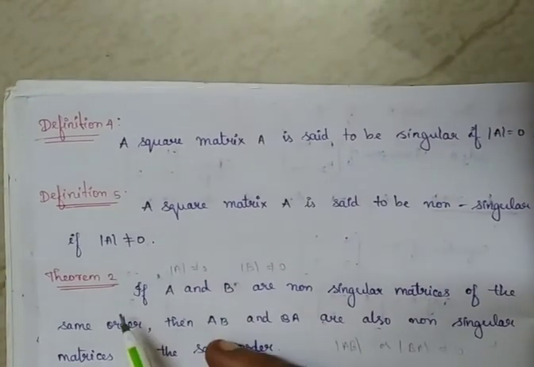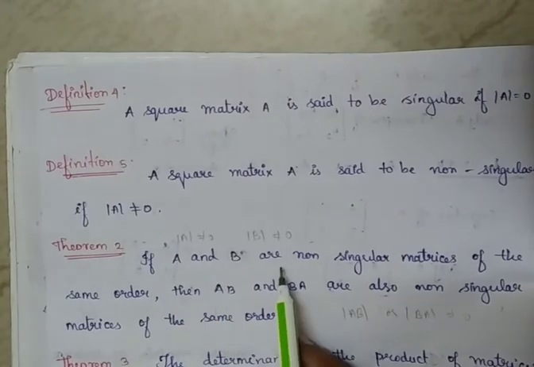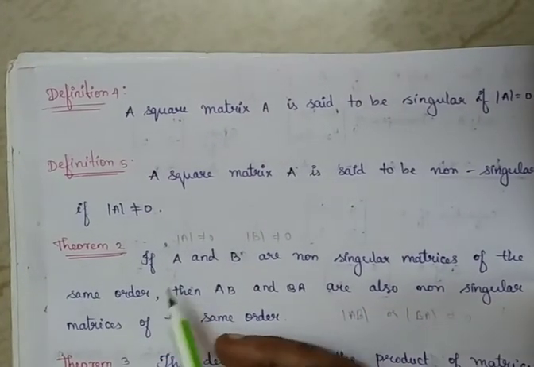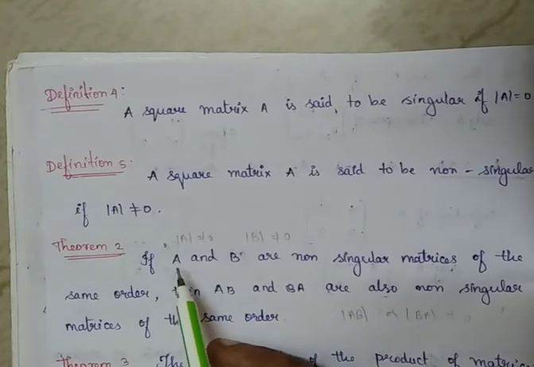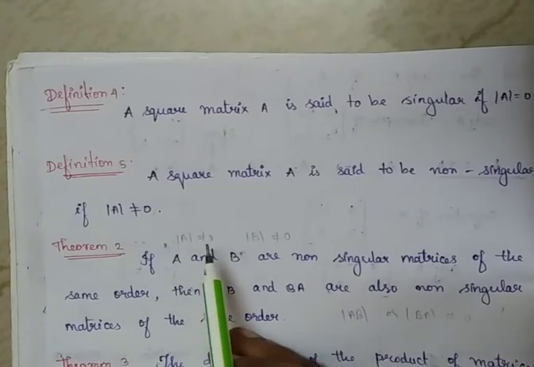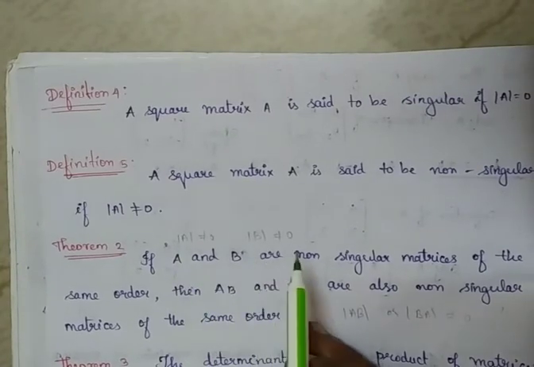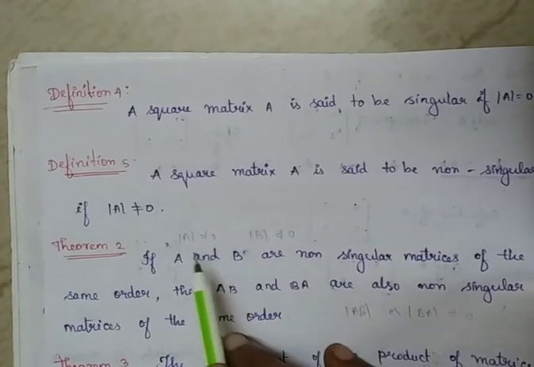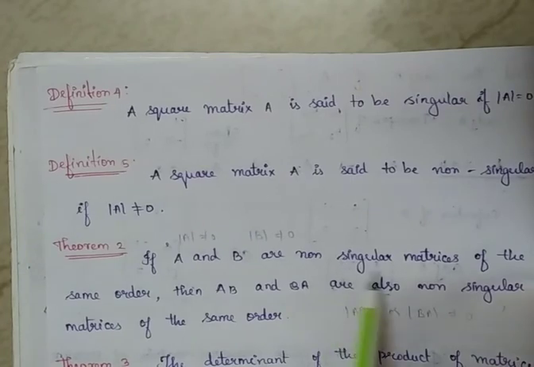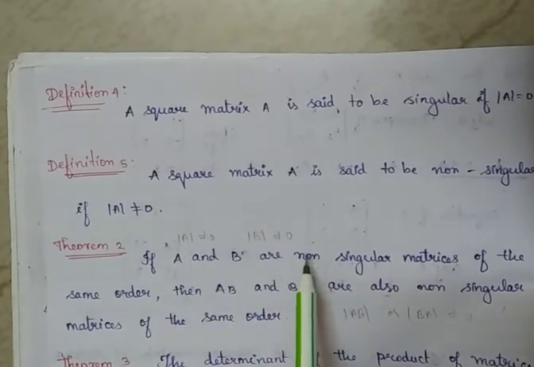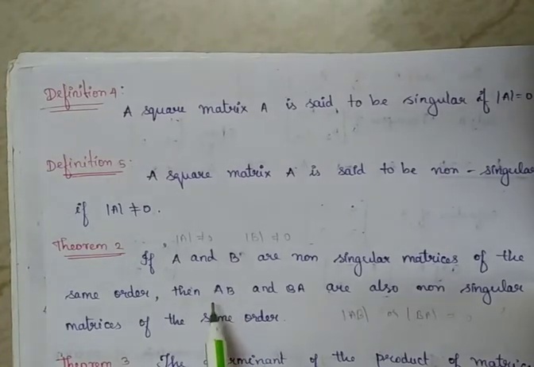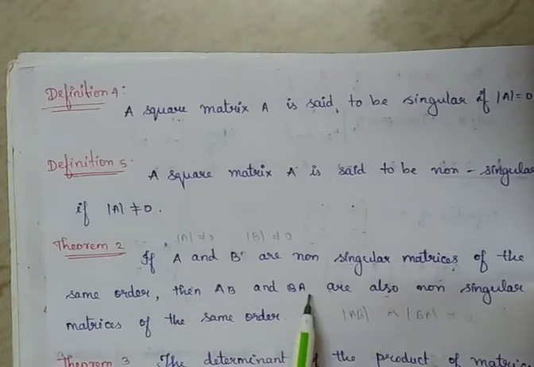Now, next, theorem 2. If A and B are non-singular matrices of the same order. Non-singular matrix means, take this capital A, that is determinant of A not equal to 0, and determinant of B is also not equal to 0. Of the same order we are taking, then multiplication AB and BA are also non-singular matrices.